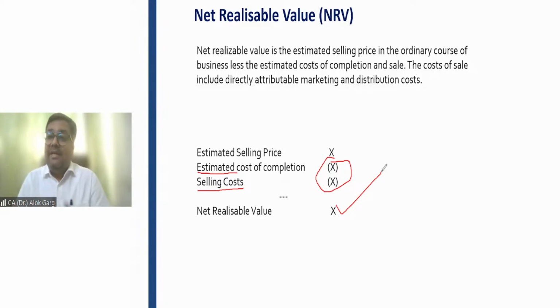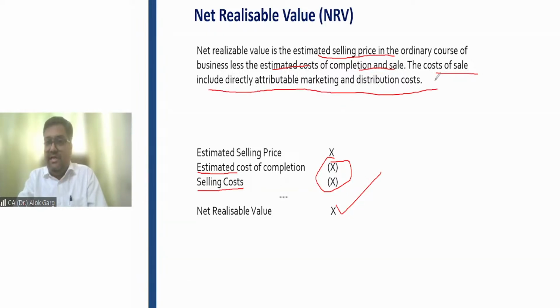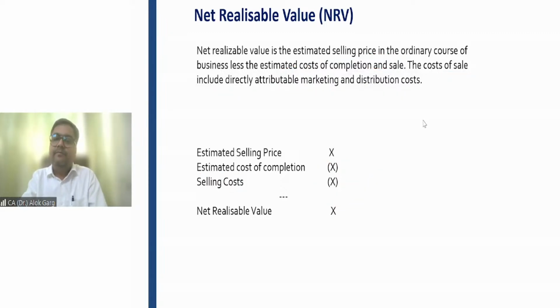So NRV is the entity specific value, fair value or market value is a market driven value. And that is why it says that NRV is the estimated selling price in the ordinary course of business less estimated cost of completion and estimated cost of sale. The cost of sale includes directly attributable marketing and distribution cost, right?